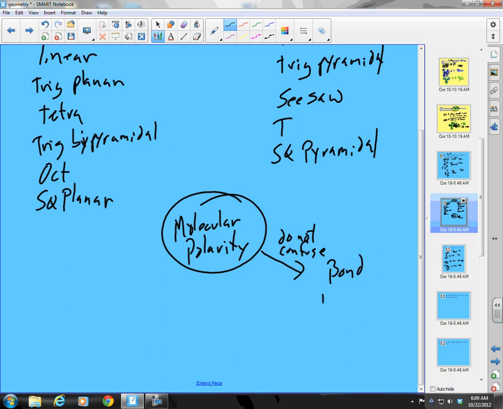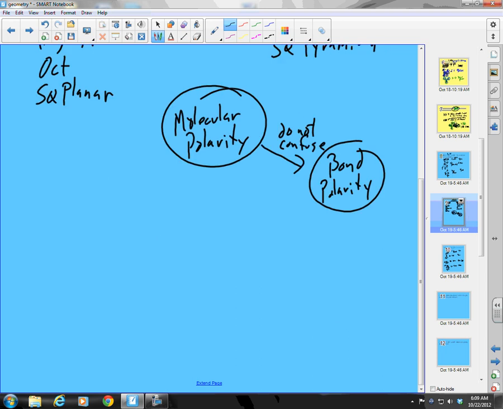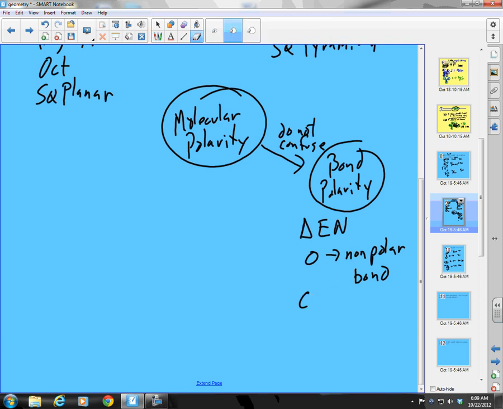Well, bond polarity is what we did long ago in another lecture where we looked at the delta electronegativity. Remember we said, oh, yeah, that's right. If this delta is 0, that is a non-polar bond. And if the difference in electronegativity is greater than 0, then we said, hey, it's a polar bond.